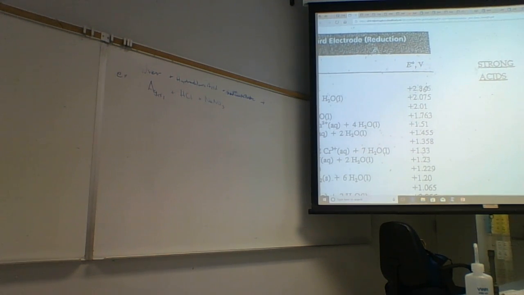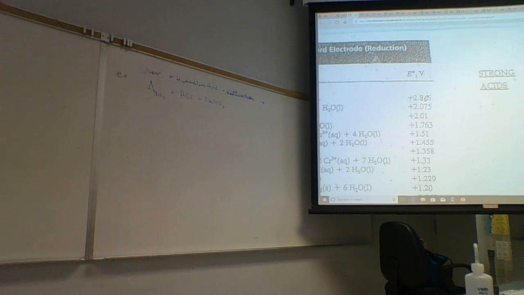So we're going from hydrochloric to nitric acid. Tell me, we're going from a stronger acid to a weaker acid, are we? Yeah, because hydrochloric is stronger than nitric acid. Does everybody agree?